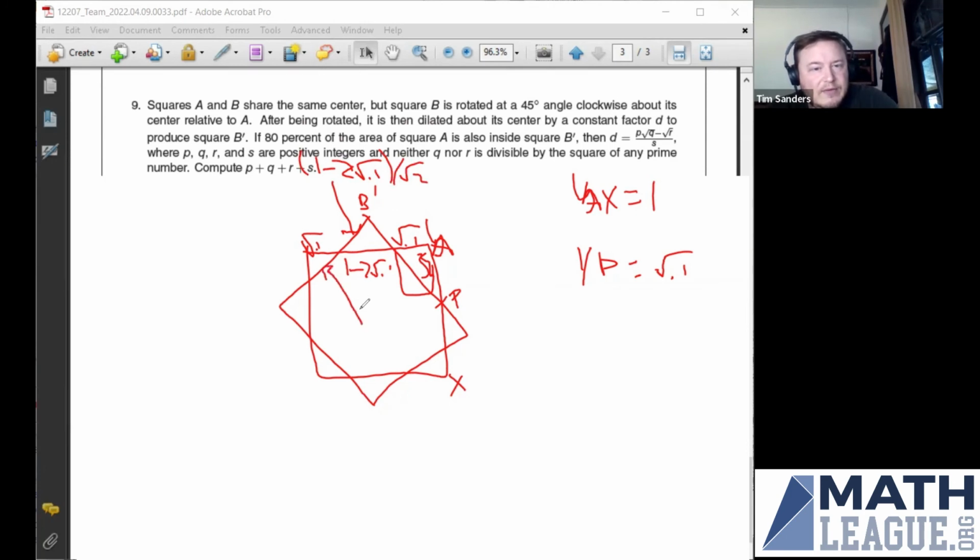This part is a root 0.1 times root 2. And we got this over here as well. So we have a side length, like it's all numbers at this point. I've got a side length for square B prime, which is 2 over root 2, which is root 2, times 1 minus 2 root 0.1, plus this piece down here, which is root 0.2.